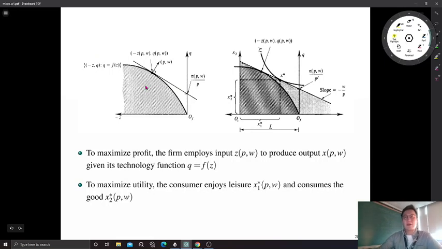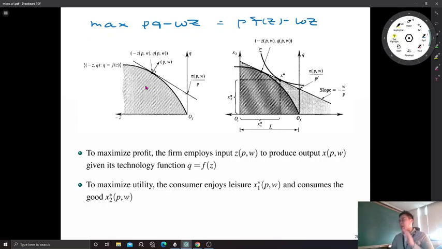That is easy because in order to maximize profit, the original problem was this, pQ minus wZ. But if the firm hires Z, that is the demand for labor, then it has to produce as much as F of Z. Remember, function F stands for the highest level of output that can be produced with input Z. So in order to maximize profit, first it has to maximize revenue given input.